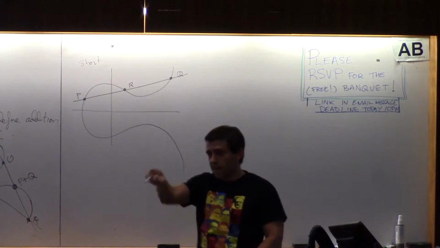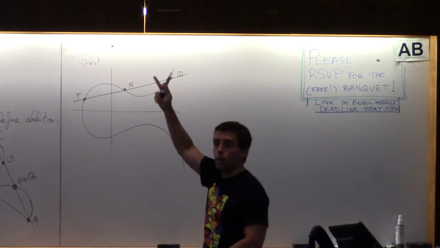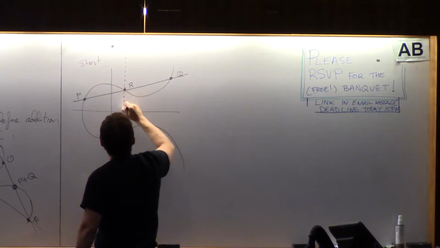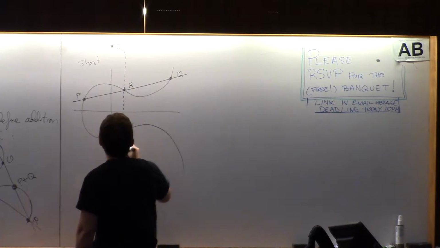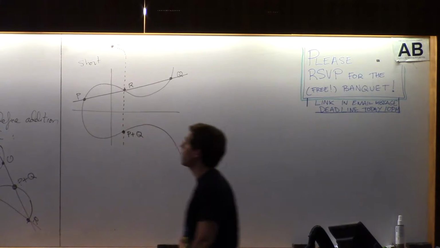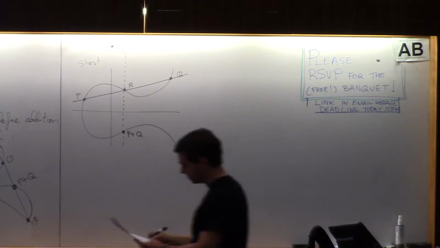X equals the x coordinate of R. So I want a vertical line because that will go through O, and see where that takes me. So if I do the vertical line through R, that will actually go to O, and that will give me P plus Q here. Okay? So that's how you define addition on the elliptic curve.